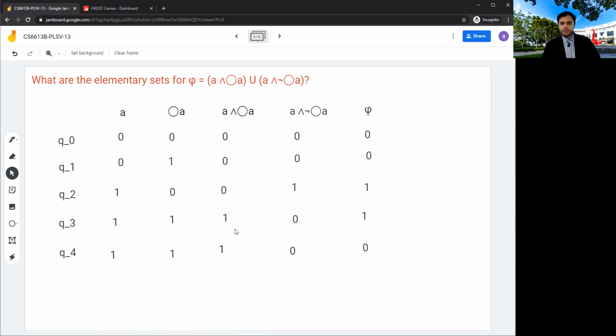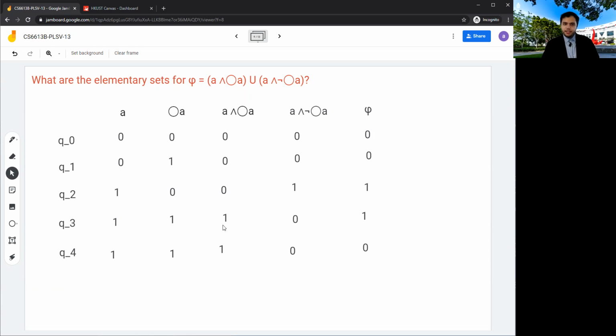Okay. And what else? I also have phi itself, which is this until this. So when does this hold? Either the right-hand side should already be here, which it isn't, or the left-hand side should be here.